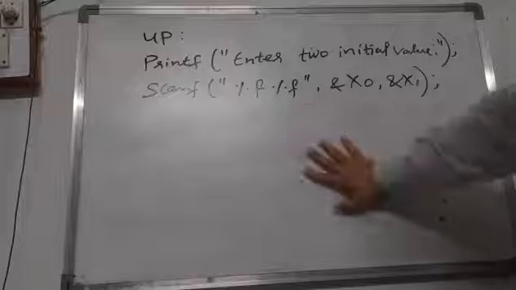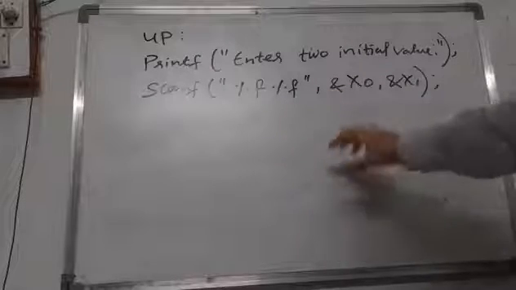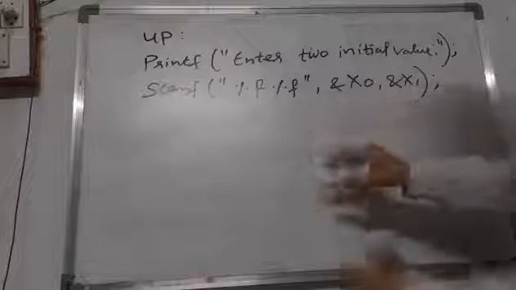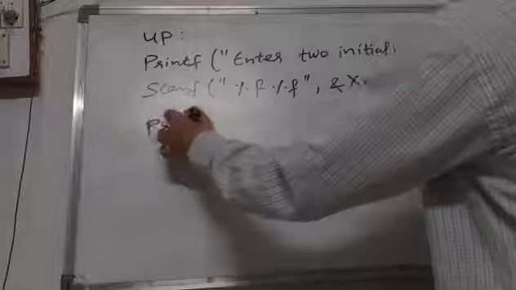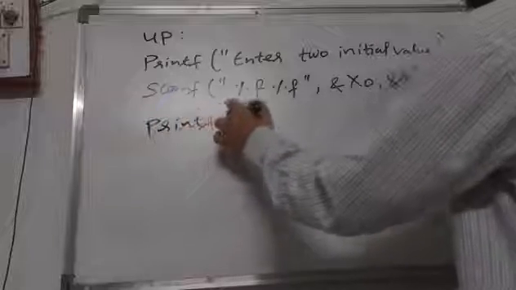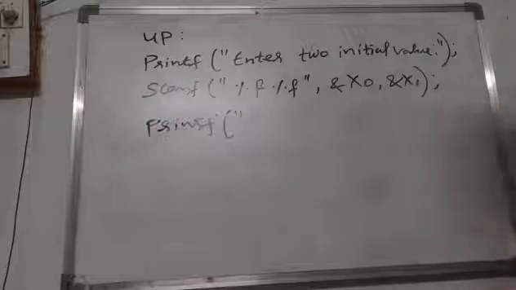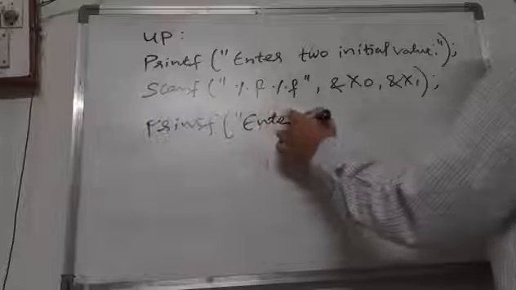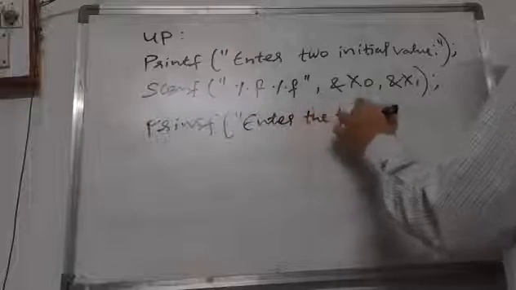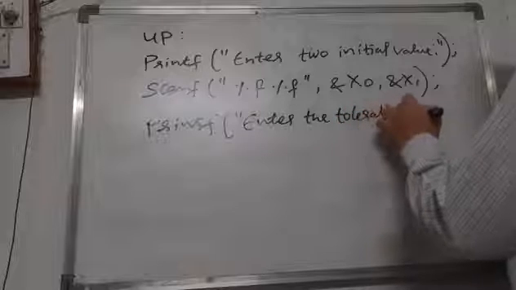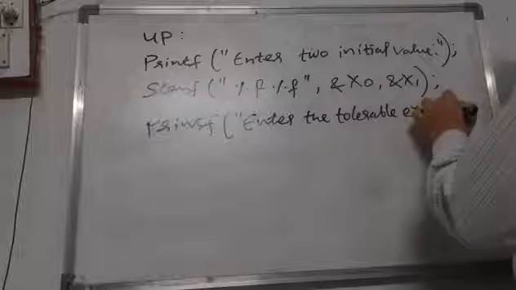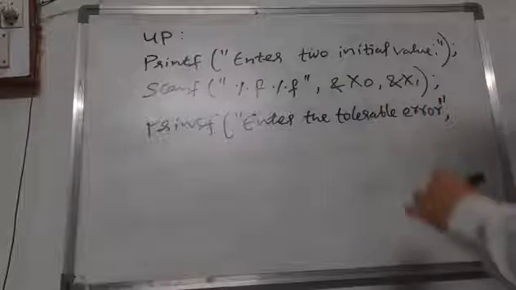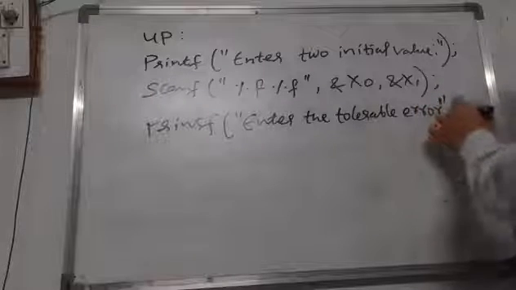Before checking that, I want to give the error value also, how much accuracy the root should have. That accuracy value can be given like this: printf, enter the accuracy value. That means enter the tolerable error. So how much error you decide in the program can be given over here.